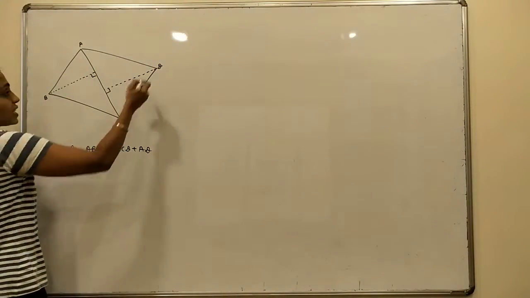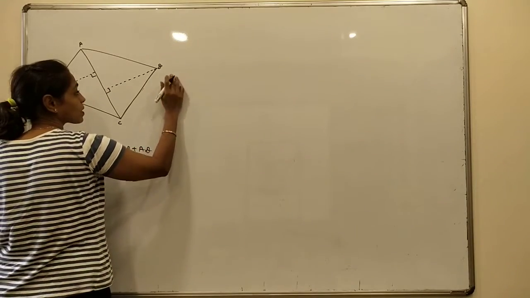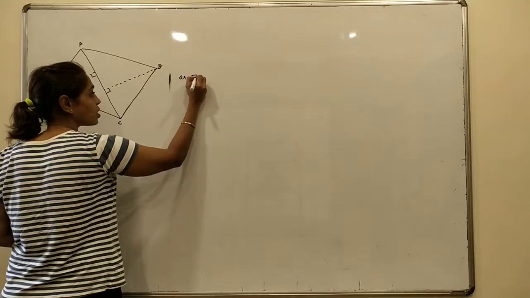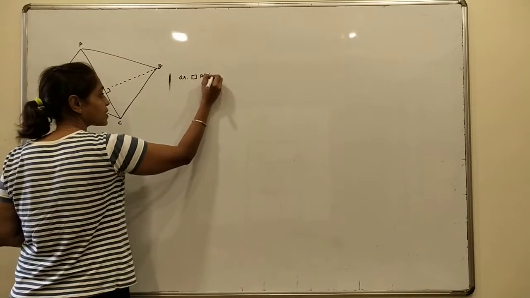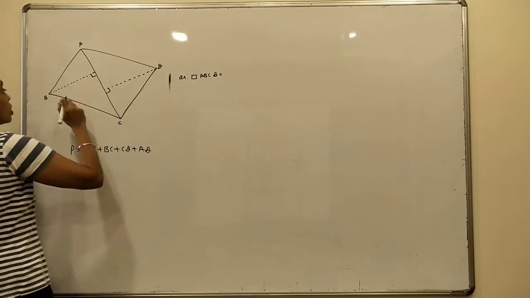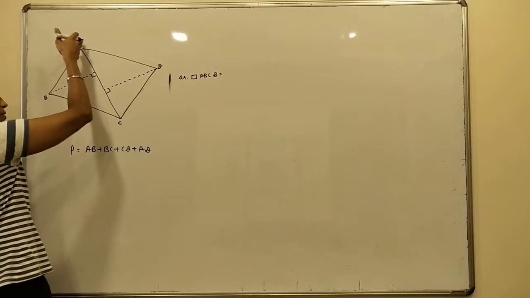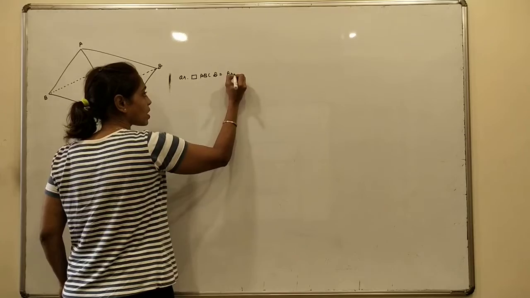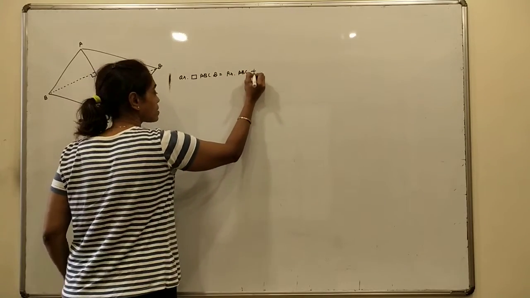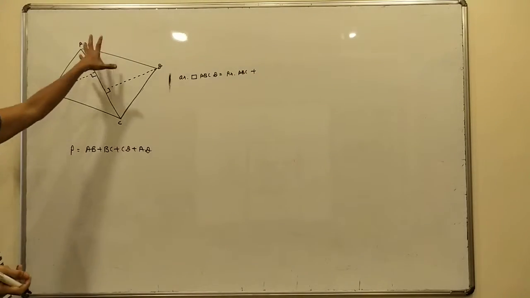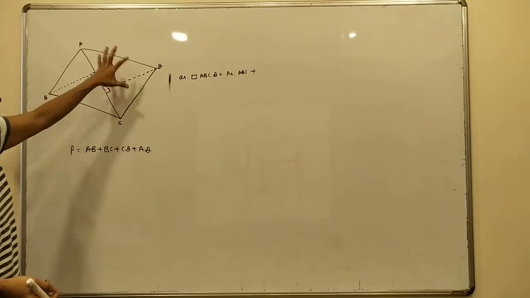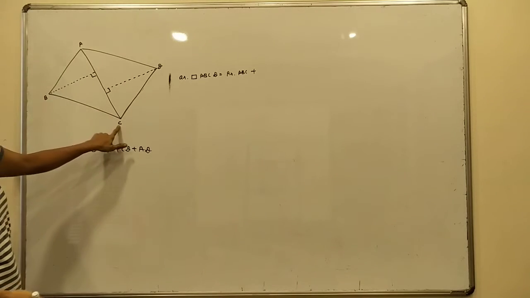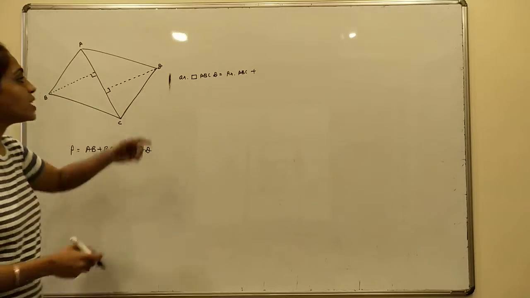So ABCD area, write A for area, area of quadrilateral ABCD equal to area of triangle ABC plus area of ACD.